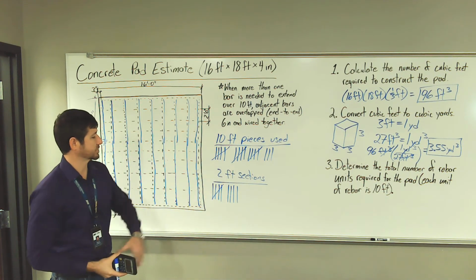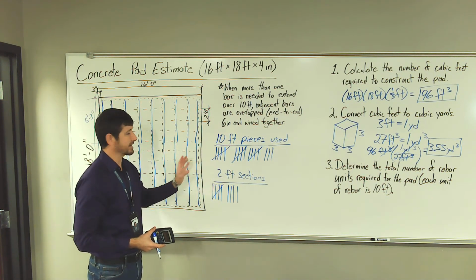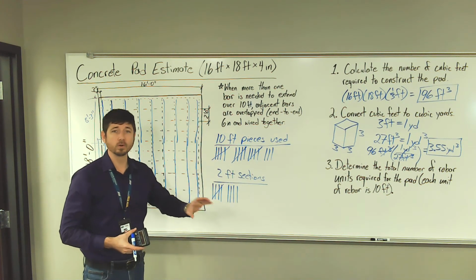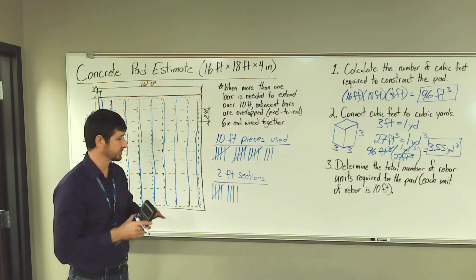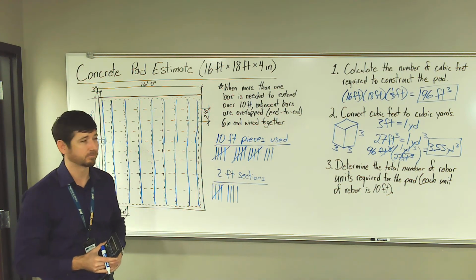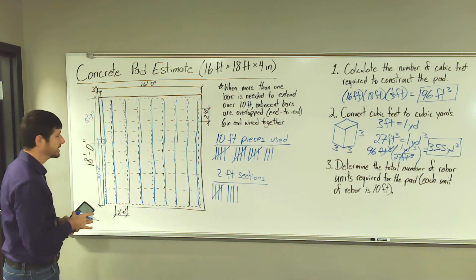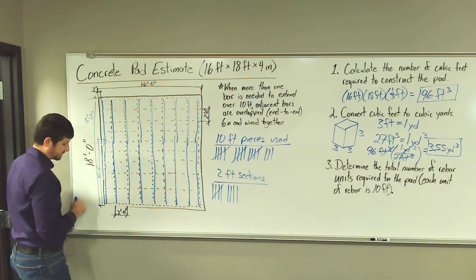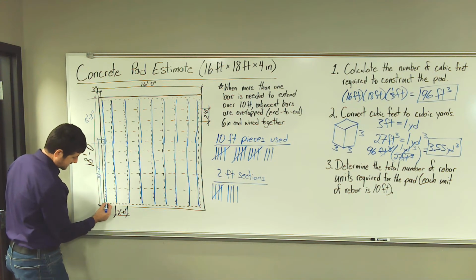All right, because what we want to do when we're estimating the cost of this concrete pad is we want to use all of the material possible. We want to reduce the amount of waste because that is costing us extra money. Okay, so let's go ahead and lay down some 10-foot sections here.